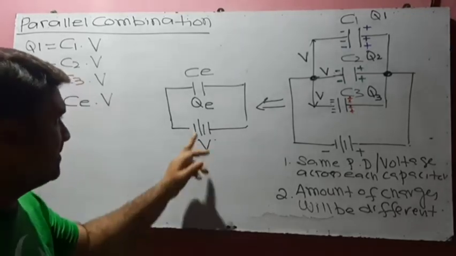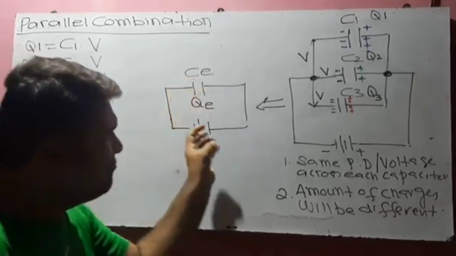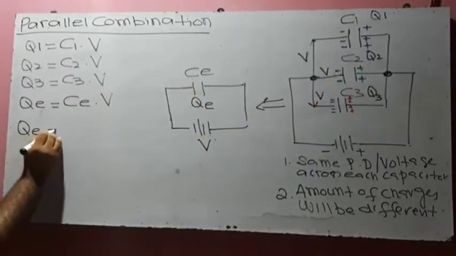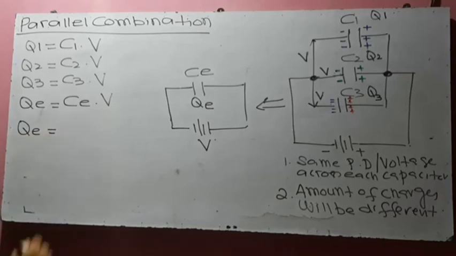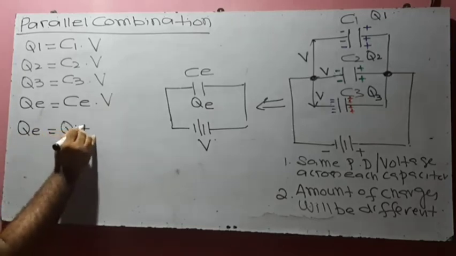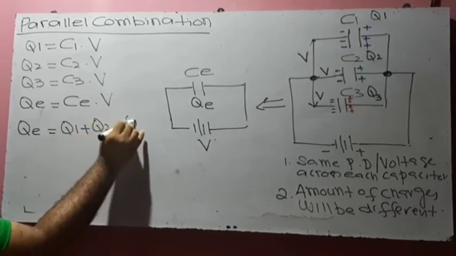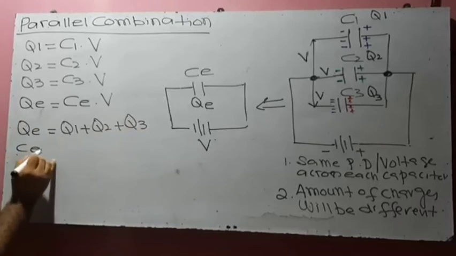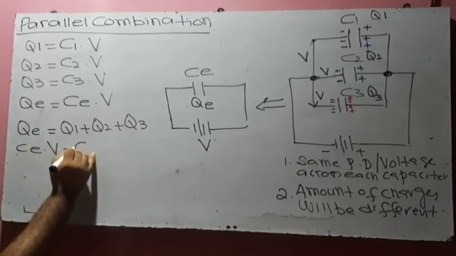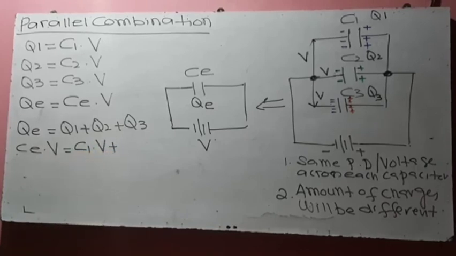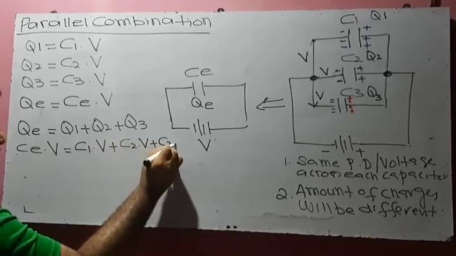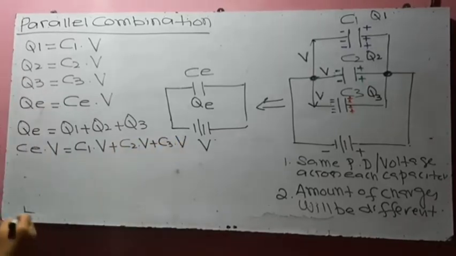I told you earlier that this capacitor is equivalent to this combination. So the QE is equal to Q1 plus Q2 plus Q3. So Q is equal to CE multiplied by V is equal to C1 into V plus C2 into V plus C3 into V. So what is common here?